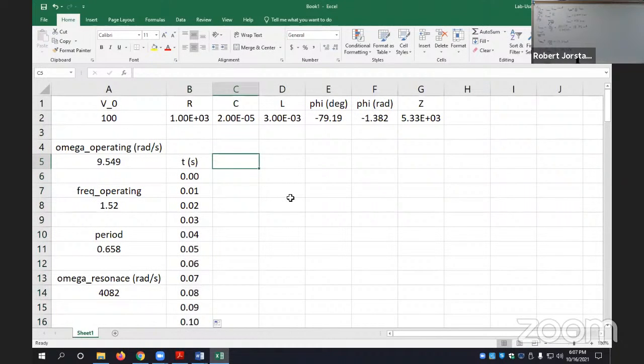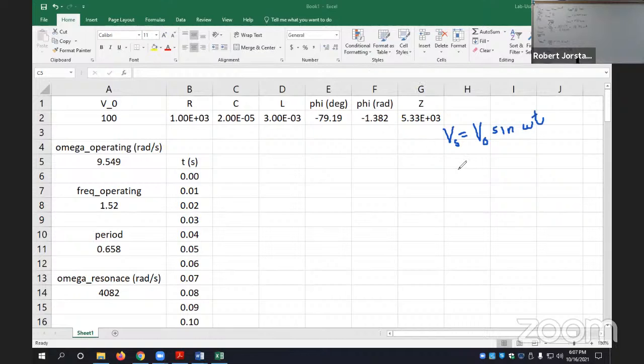So now what I can do is I know my functions. I know V source is V naught sine of omega t. This is omega, not omega naught.